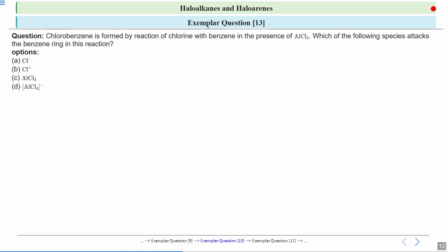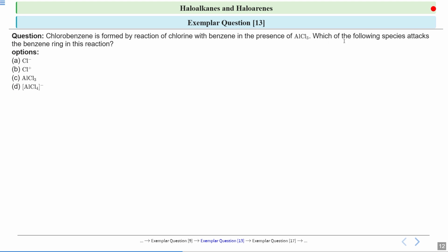Let's see our next question, Exemplar question 13. The question is, chlorobenzene is formed by the reaction of chlorine with benzene in the presence of AlCl3. Which of the following species attacks the benzene ring in this reaction? What you have to do, you are given that chlorobenzene is formed when you react the chlorine molecule with the benzene ring in the presence of a particular reagent, AlCl3.